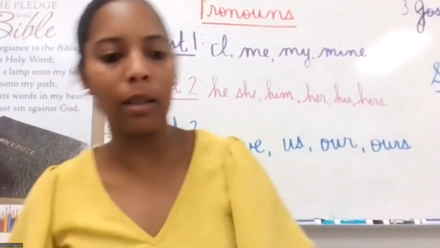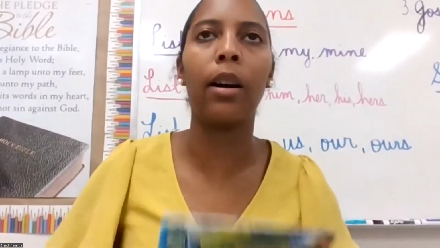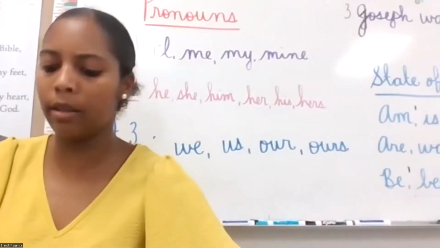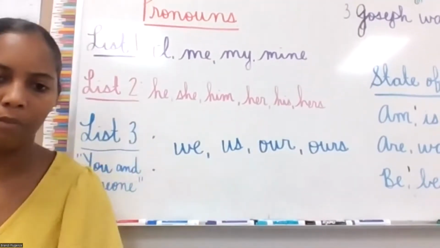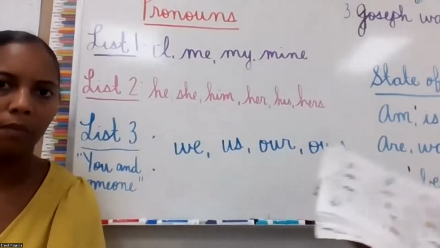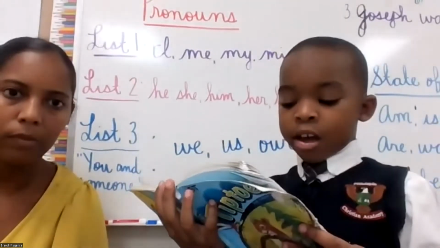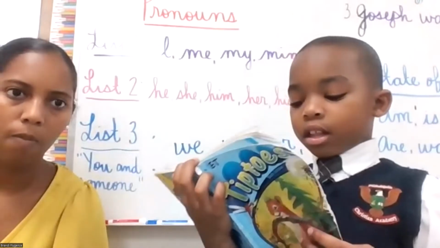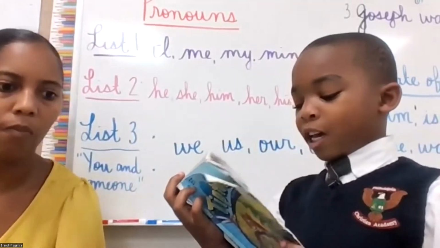Okay. All right. So, let's turn to page 32. What is it? I'll have everybody, when your turn comes, read it and then guess what it is. Okay, go ahead, Elijah. It has a tail. It has a big nose.